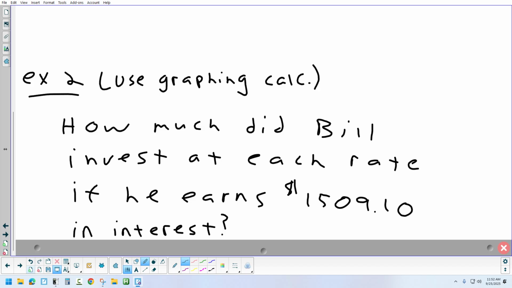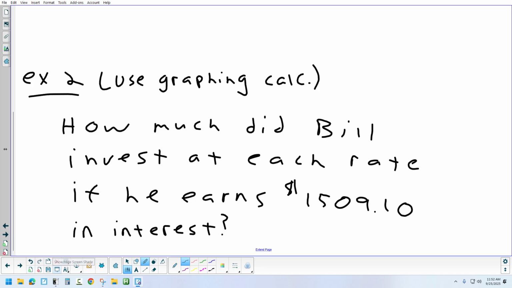So, last question. It says Bill earns $1,509.10. That's the total amount of interest he made for the year. So how much did Bill invest in each account? How did he split his money up so he earned exactly that amount?